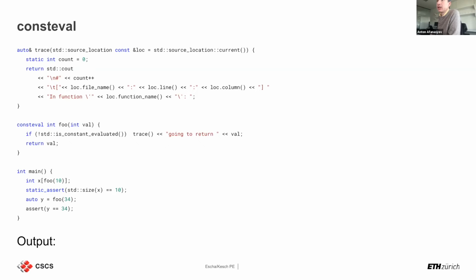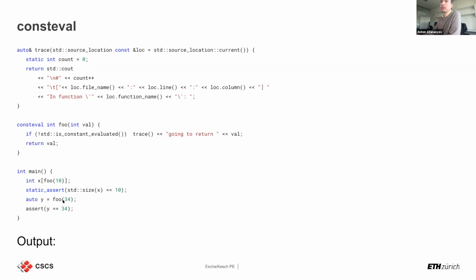What happens here? Consteval forces the function to be evaluated only at compile time. So if a function is declared as consteval, it cannot be evaluated at runtime. So even if this is a runtime context, the compiler, if it can, tries to evaluate it, it forces evaluation at compile time.